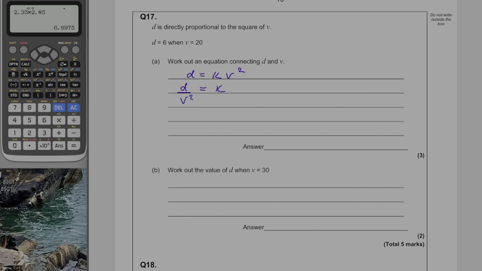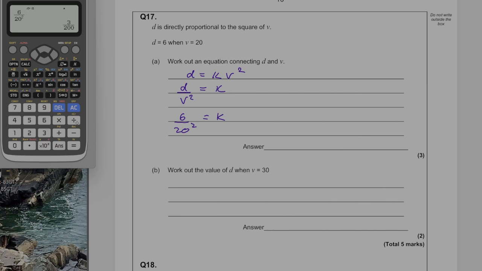Right, D is equal to 6 when V is equal to 20. So we're going to end up with not a very nice value for K. Well, it'll simplify a bit. So 6 over 20 squared is going to give us 3 over 200.